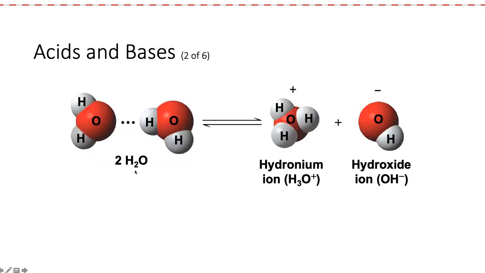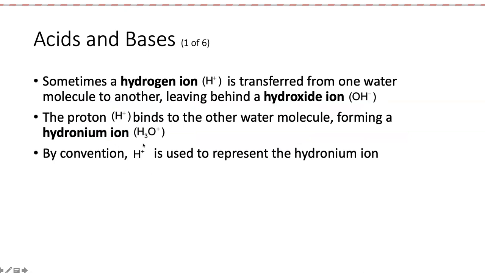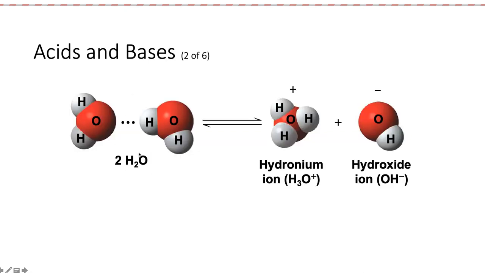Just showing you really quickly what happens to two water molecules in water. One of them can flip over to become a hydronium ion, and the other becomes a hydroxide ion. But again, remember, we tend to symbolize this as simply H plus, just to simplify things for us.